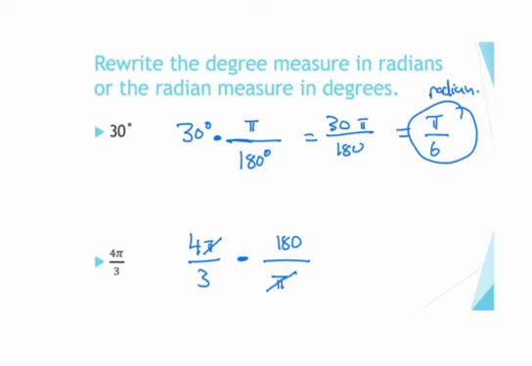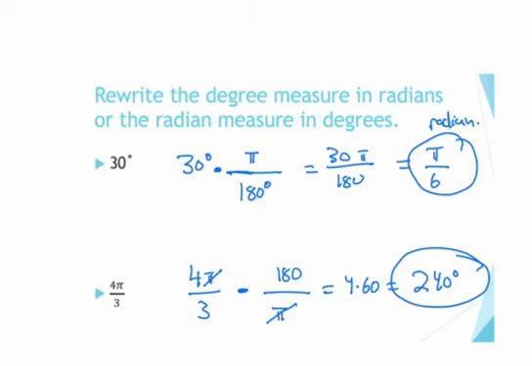Okay, so I'm going to say 180 divided by 3 is 60. So that leaves me with 4 times 60 and 240 degrees. Okay, so I've just said that 30 degrees is equal to pi over 6 if we're in radians. 4 pi over 3 radians is equal to 240 degrees.